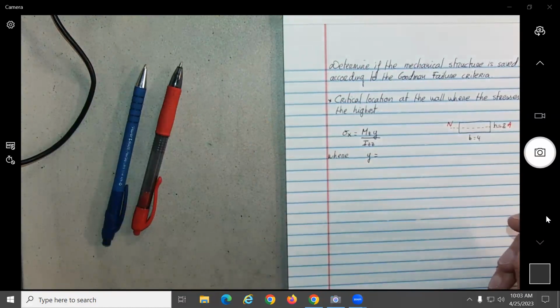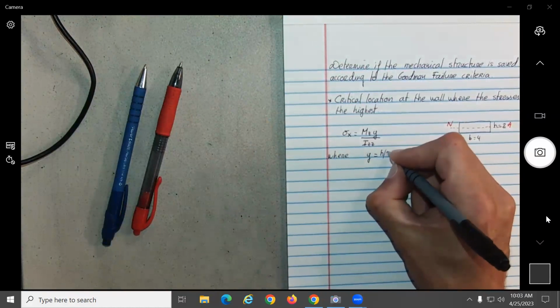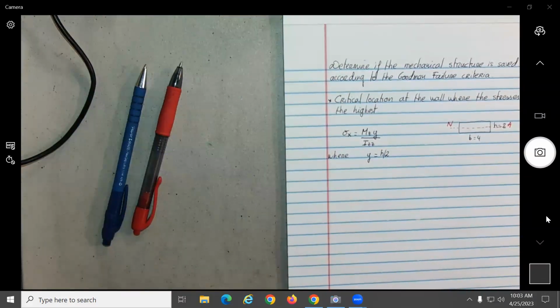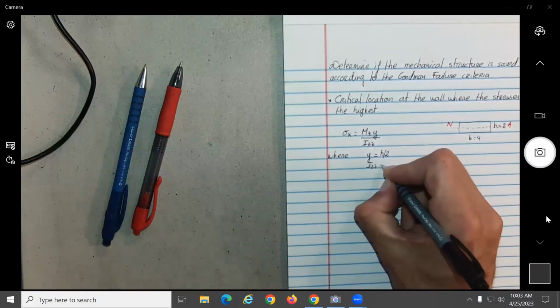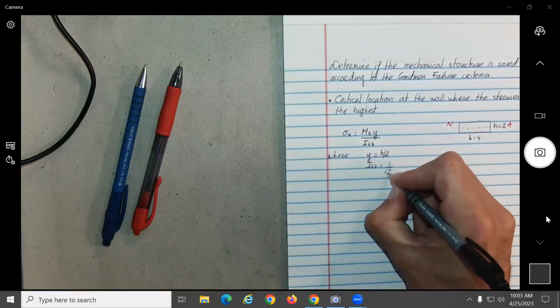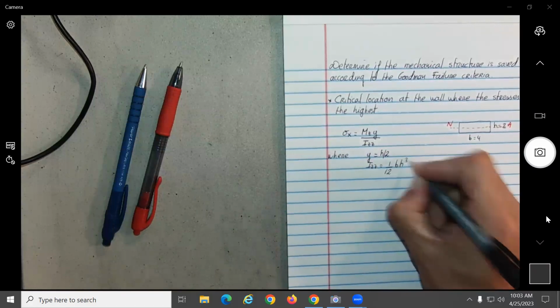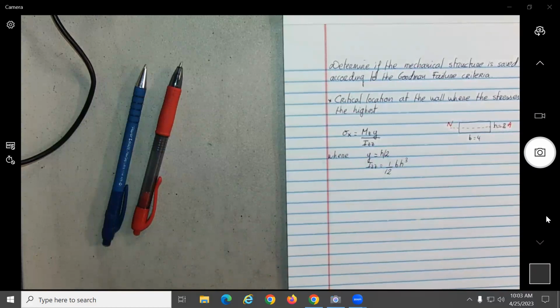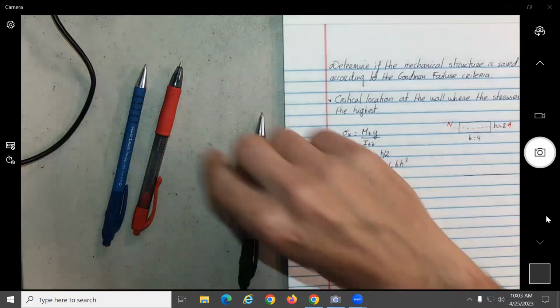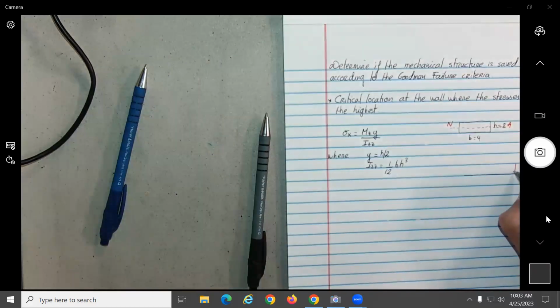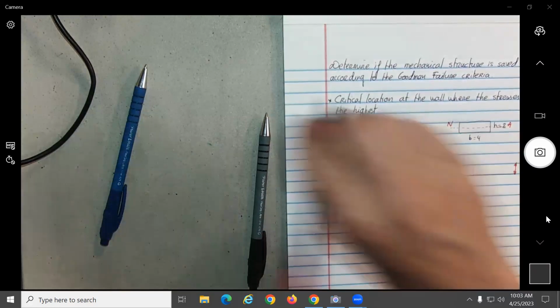So what will be the distance? H divided by 2. Then what will be Izz? One twelfth B H cubed, whatever the value would be. The force here is up and down, and we say it is 200.